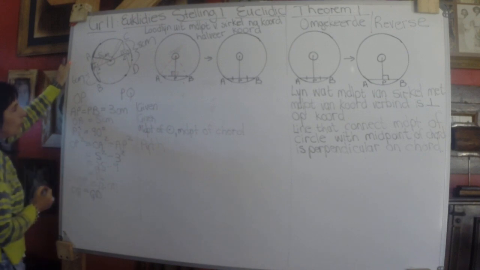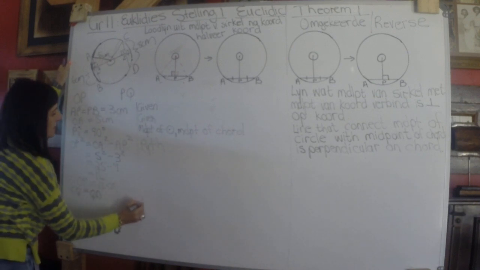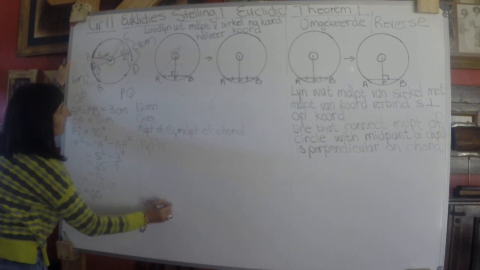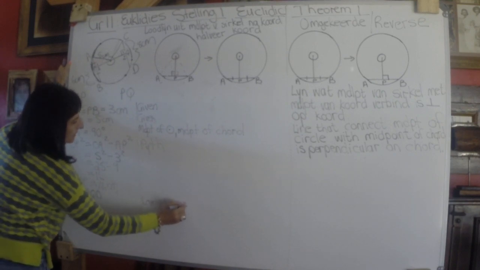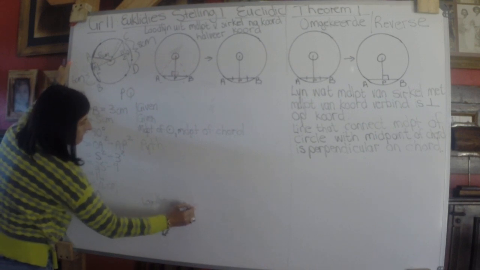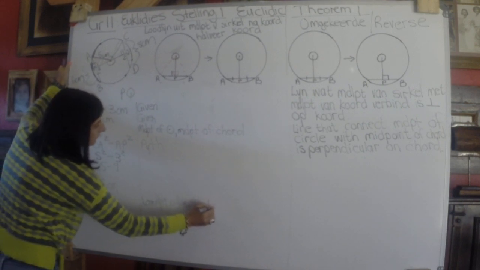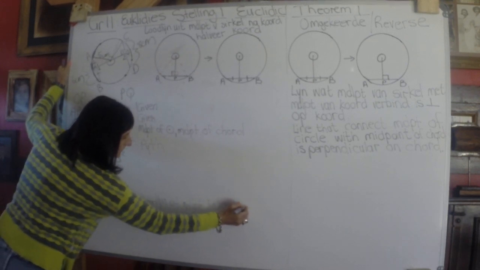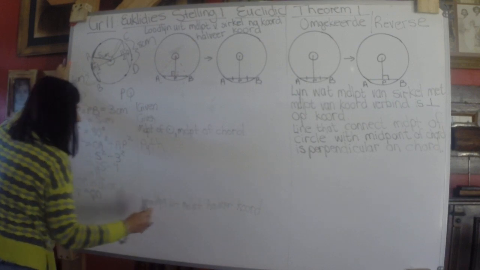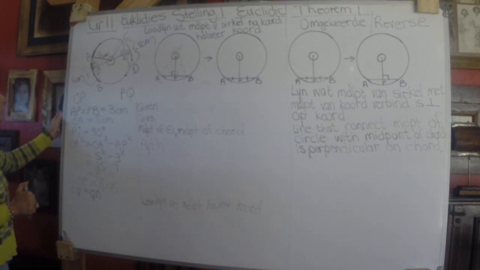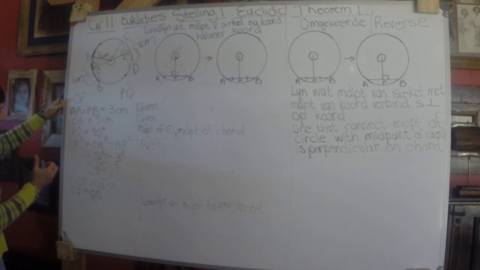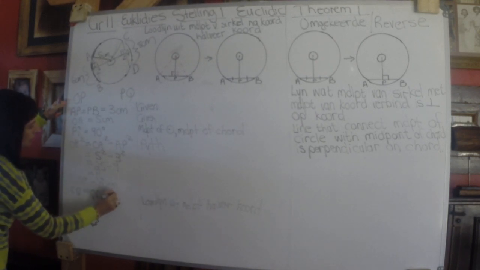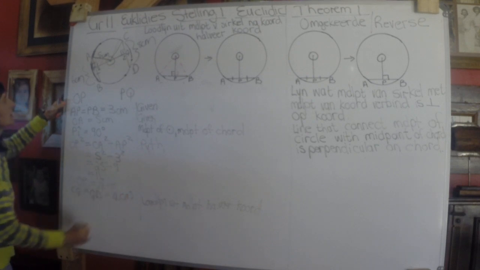That's theorem number 1. That's sy loodlyn uit middelpunt halveer koord. Okay, so now we can say, therefore, CQ and QD both equal 4 centimeters.